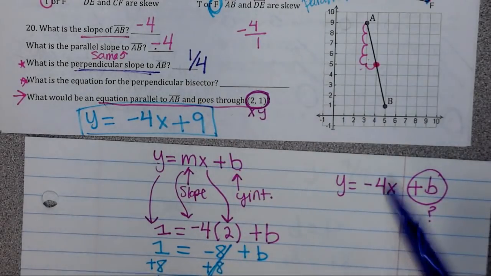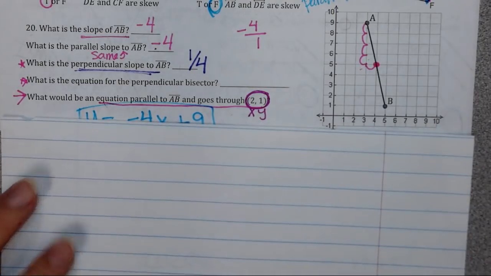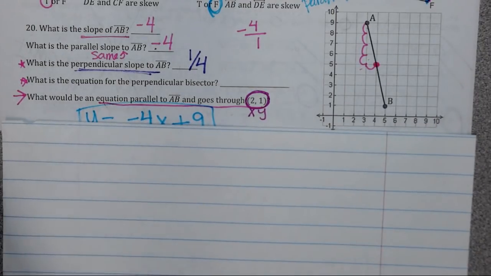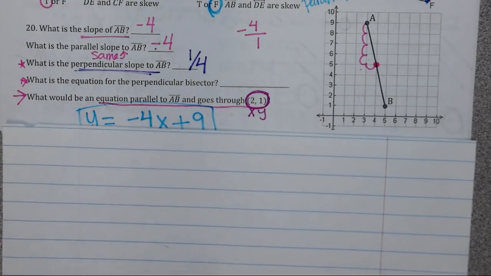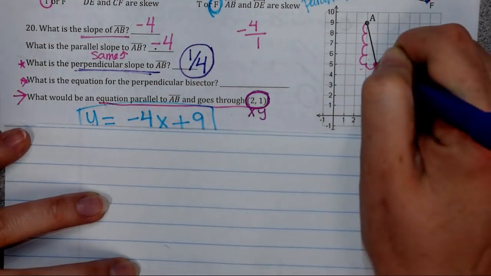Then it says, what is the equation for the perpendicular bisector? Hold on, it's kind of loud. Okay. The last question is wanting us to get the equation for the perpendicular bisector. So we already know that our slope is going to be 1/4.